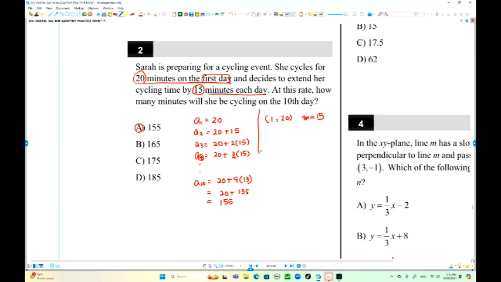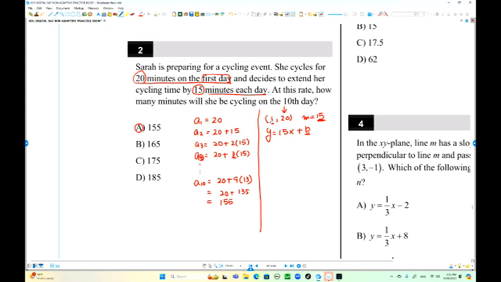Using this, you can set up the equation. This is linear, right? They increased at a constant rate, 15. So y equals 15x plus b, not 20. b is the y-intercept. This number 20 is not the y-intercept because the value of x is 1. You've got to be careful.